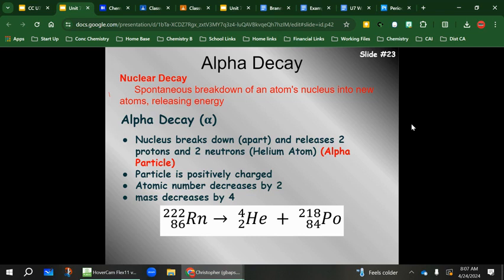But what about this particle? I understand the 2 protons have a mass of 2. Why does this have a mass of 4? I think you take the top number minus 4. Take the top number here, and minus 4, and that gives you what? 218. Good. Perfect. I understand that.